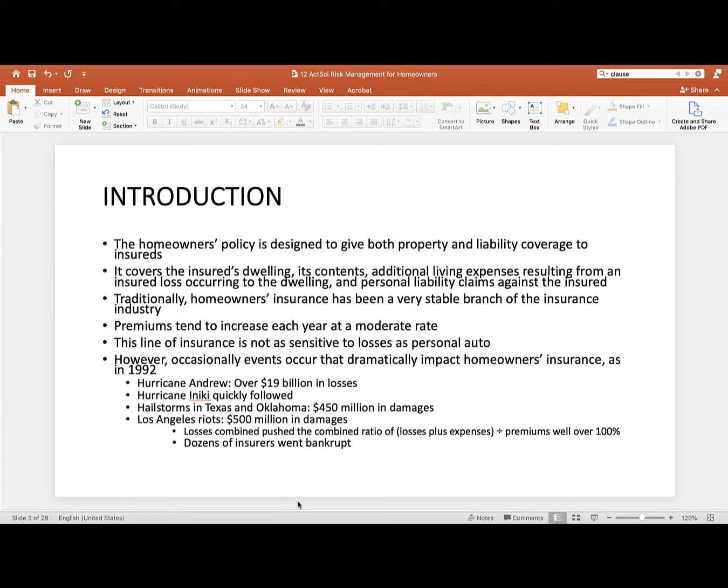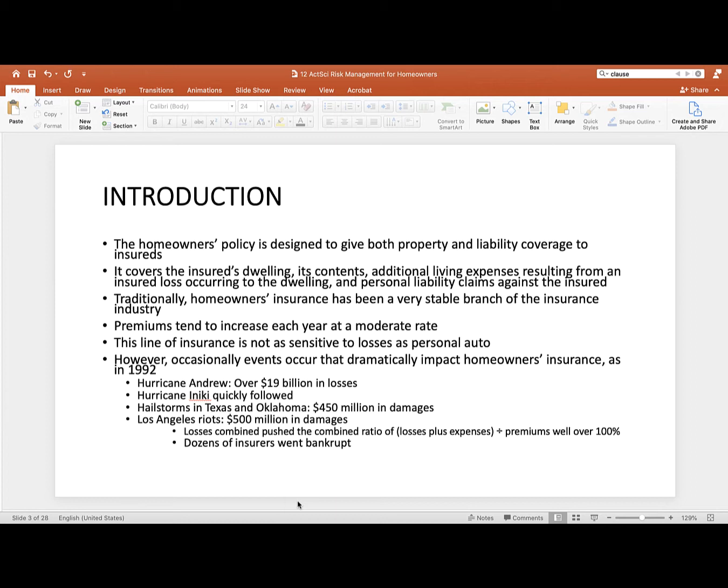You can see there's been other losses there as well. Since 1992, Hurricane Andrew, $19 billion, and hailstorms in Texas and Oklahoma, they were kind of costly as well, at $150 million. Los Angeles riots, $500 million.